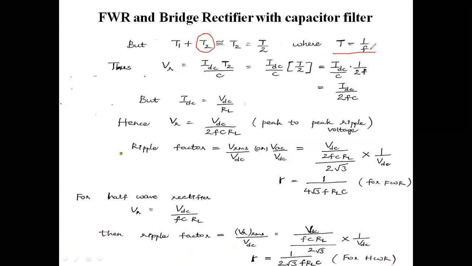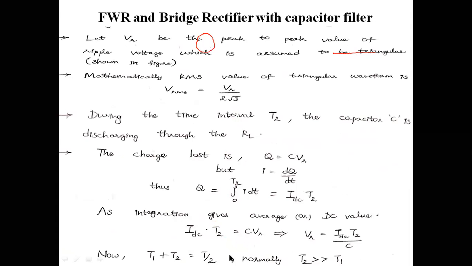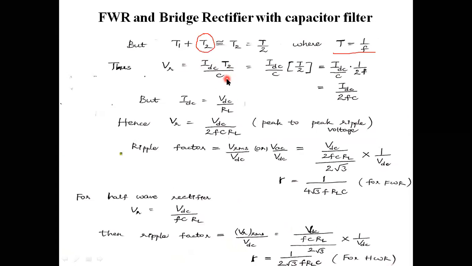Again considering the term Vr is equal to Idc T2 by C, where T2 is approximately equal to T by 2.